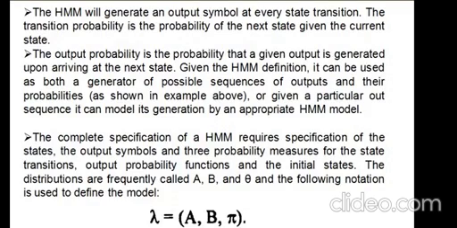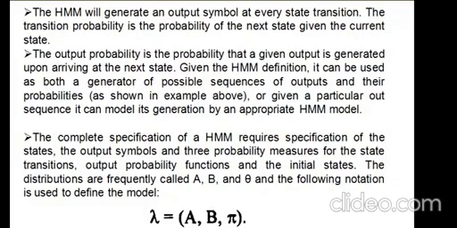That means if the model is changing from one state to another, the output it generates becomes the output probability. So the hidden Markov model can be used as both a generator of possible sequences of outputs and their probabilities also.